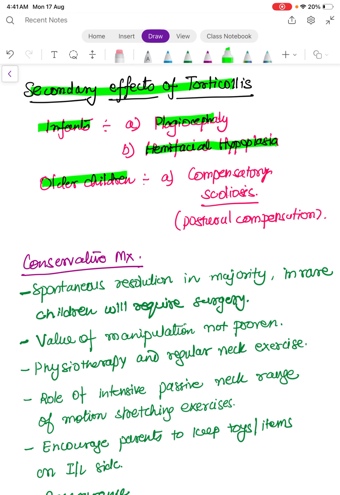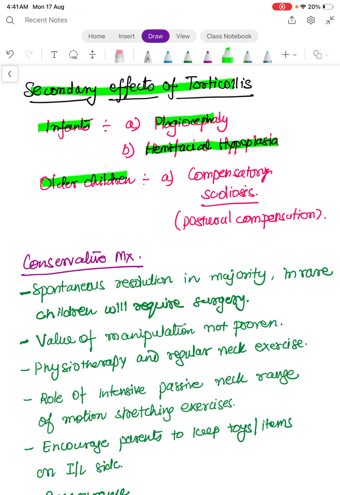So plagiocephaly: if you see small infants with torticollis and a fixed rotation of the head, gravity deforms the relatively soft head as it lies in the same position for a prolonged period. Flattening of one occiput leads to secondary flattening of the contralateral forehead, and this asymmetric skull deformity is called plagiocephaly.